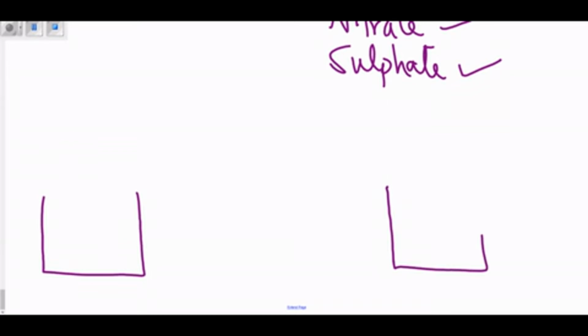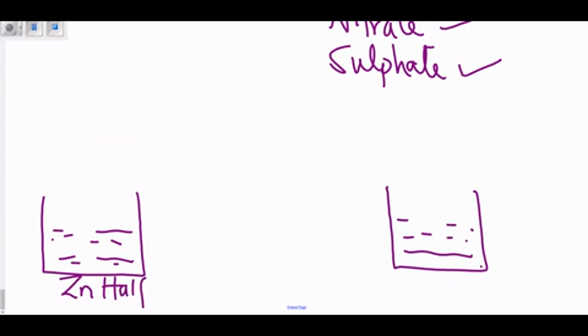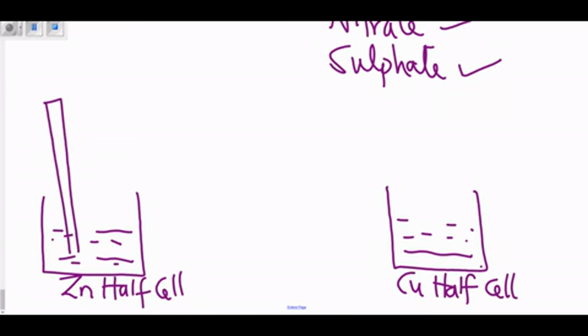This will represent our half cell, and you have your electrolyte again. Let's call this the zinc half cell, and let's call this the copper half cell. So we have our zinc electrode, and then we have our copper electrode.